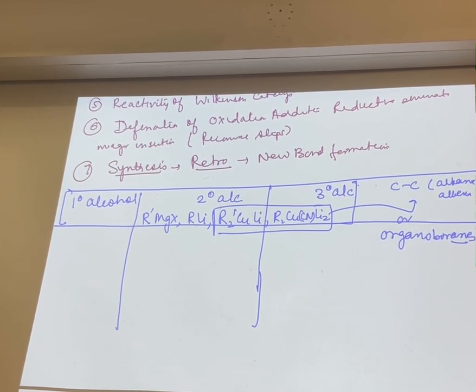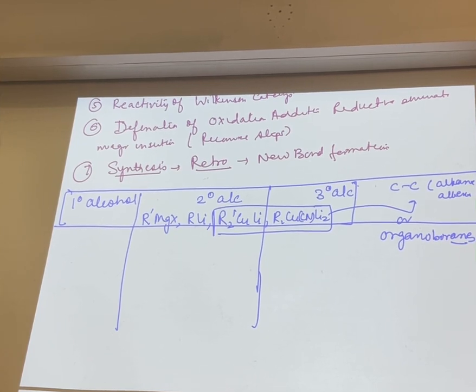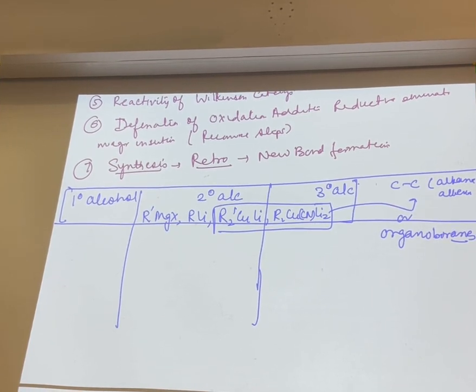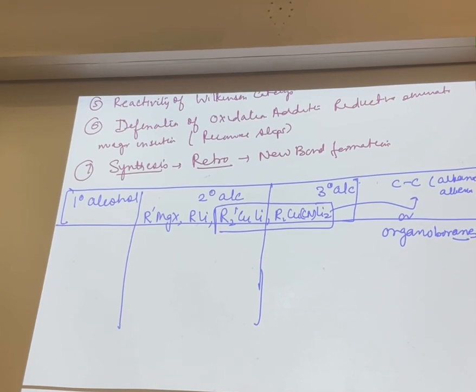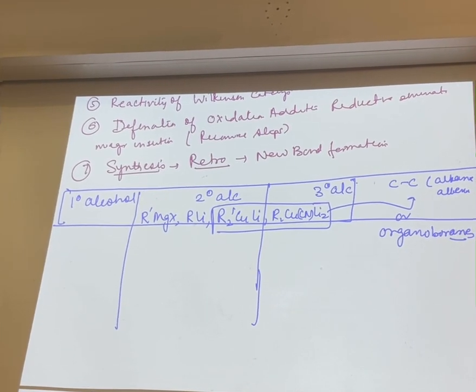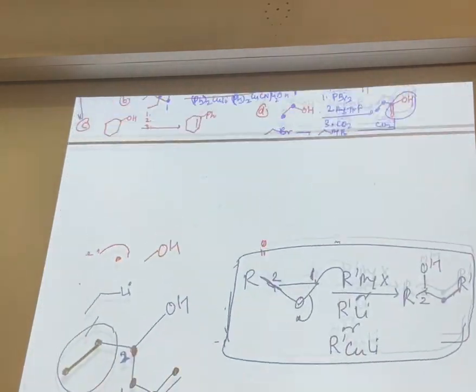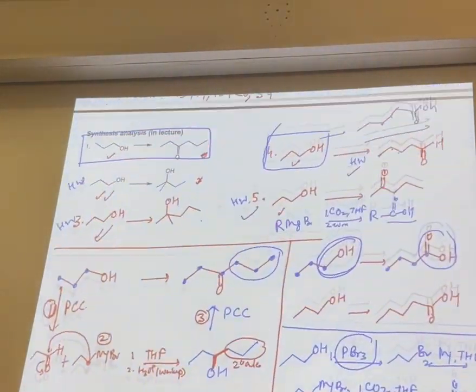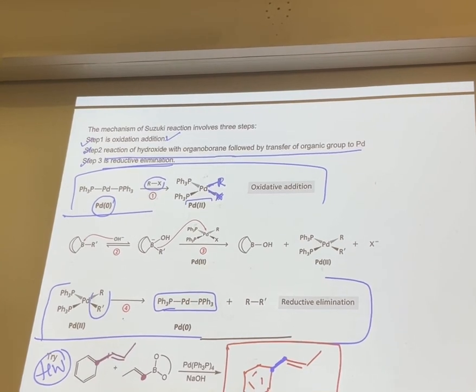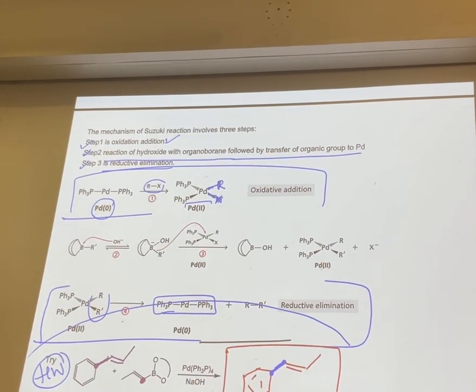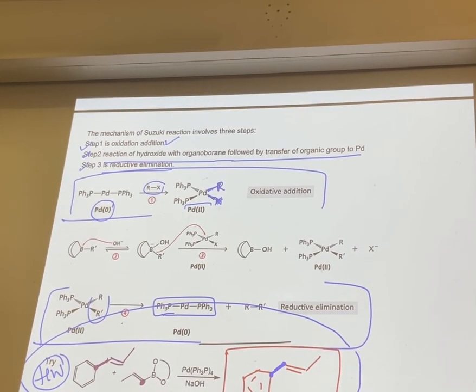Then where to think? What to think at the time when the exam question is going to come? Can you walk us through? Of course. Look carefully. You made a carbon-carbon bond. Suzuki reaction.